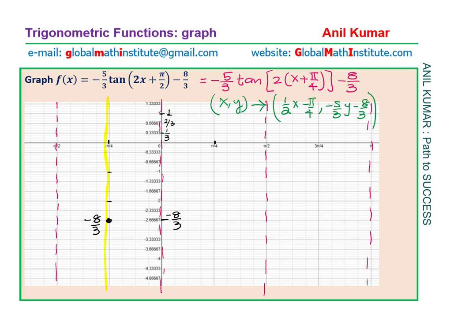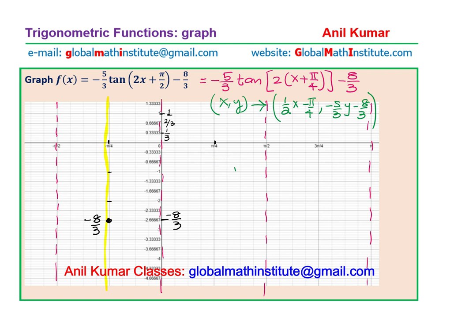Well, we do have the center point. Now for plus and minus 1, we can calculate, right? So if I have pi by 4 and 1 in the original function, in that case, if I multiply by half, it becomes what? Half times pi by 4, right? Minus pi by 4.